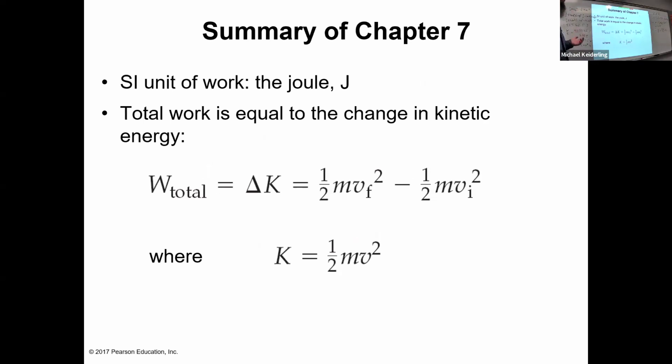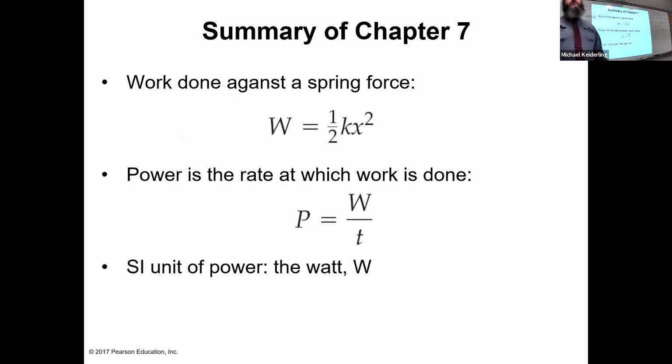Total work is equal to the change in kinetic energy. So delta K, where kinetic energy is 1/2 m v squared. So delta K is equal to the total work, which is 1/2 m v final squared minus 1/2 m v initial squared. The work done against a spring force is 1/2 k x squared.